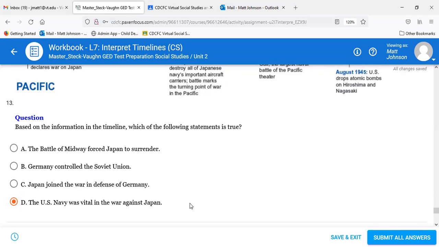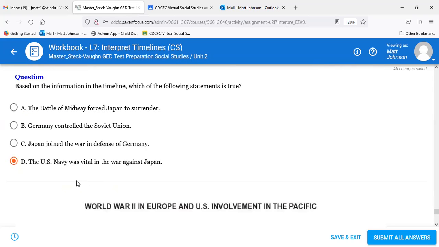Of course, there was Army involved too, but what we were doing was taking the islands that Japan had conquered, so to speak, as we made our way closer and closer to the Japanese mainland. So D, the U.S. Navy was vital in the war against Japan.